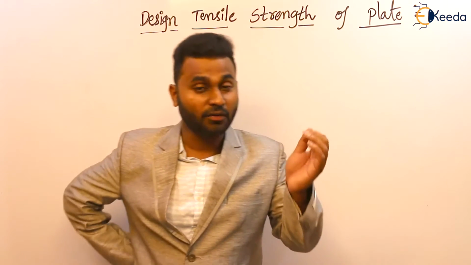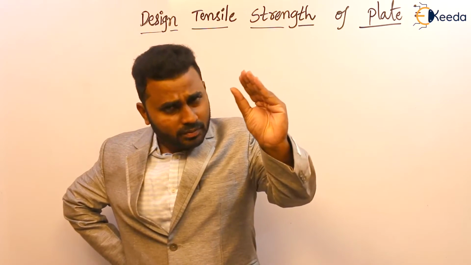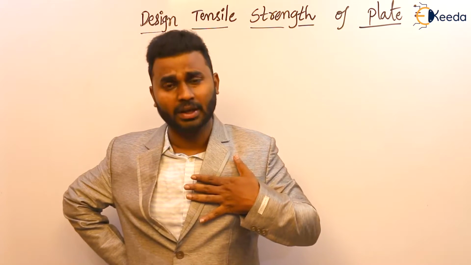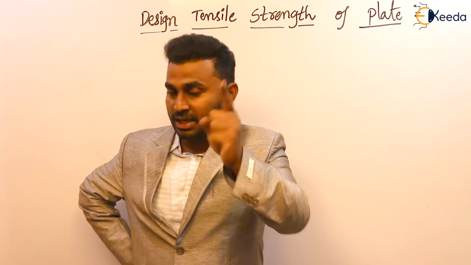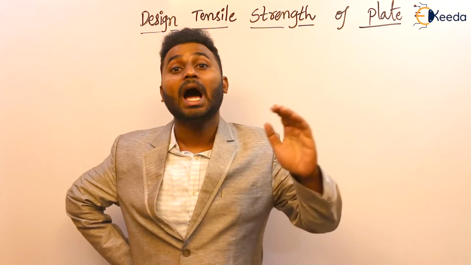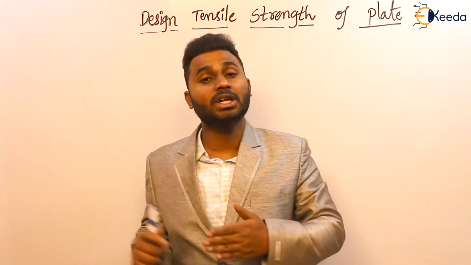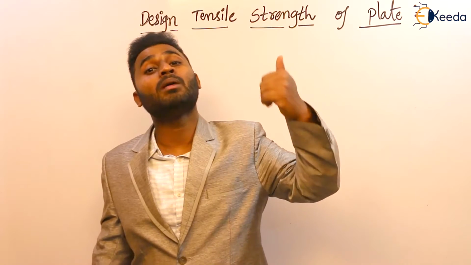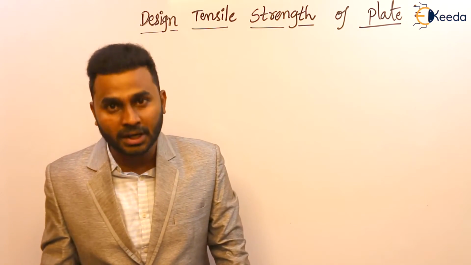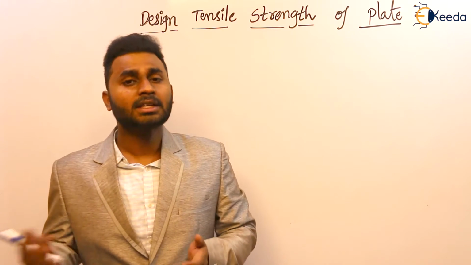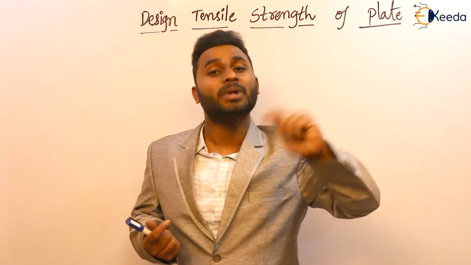As we have discussed many times, strength is an internal phenomenon. The safety format we follow in limit state is to underestimate the internal effects and overestimate the external effects.